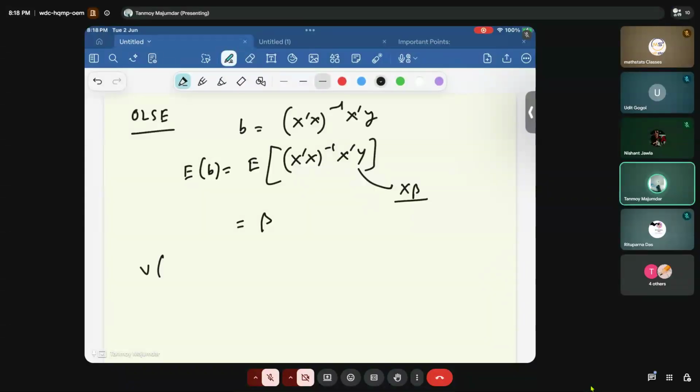And what will be variance of b? So that variance will be a complex calculation, ओके मतलब इसका कैलकुलेशन तो कॉम्प्लेक्स है. इसके पहले जब when we have the same variances then we have sigma square x dash x inverse. That was the simple variance.